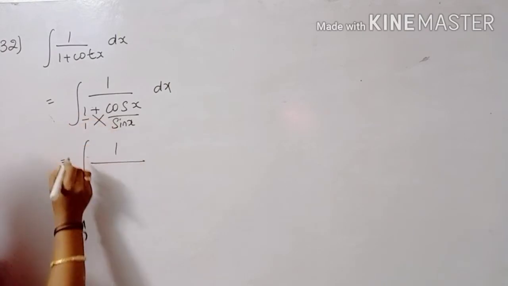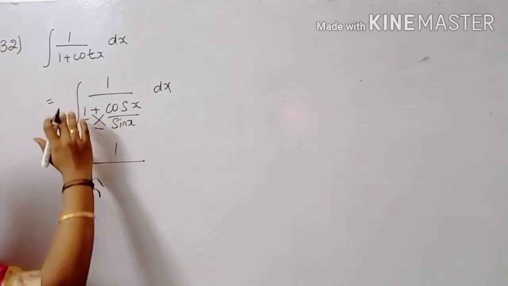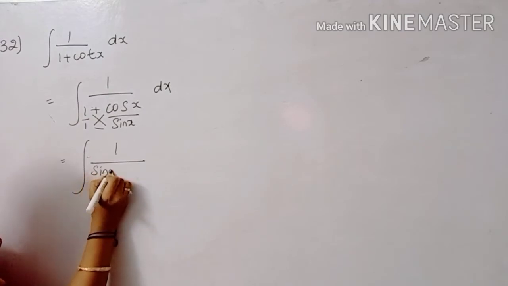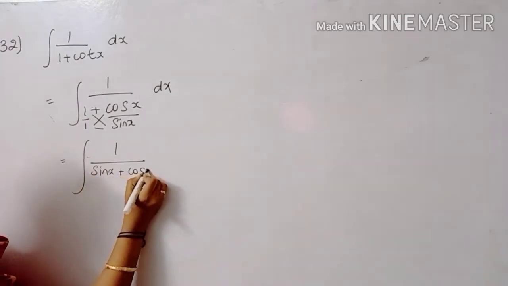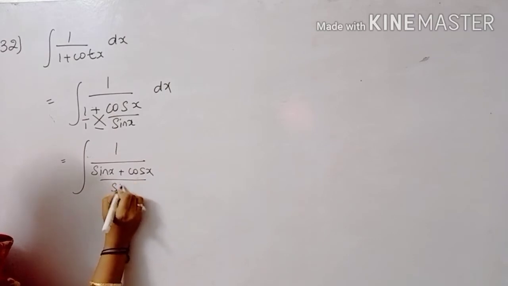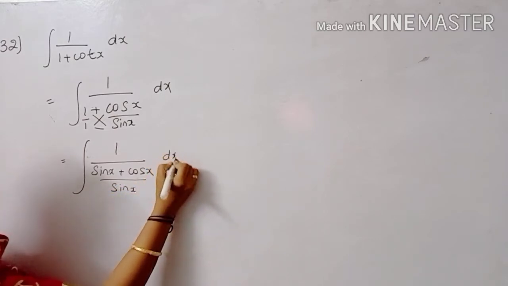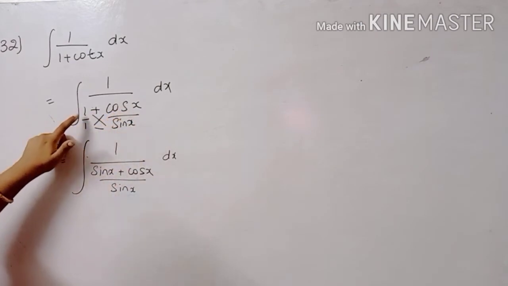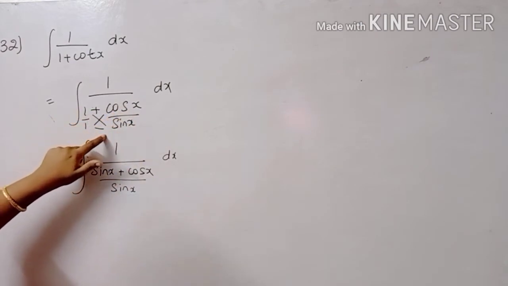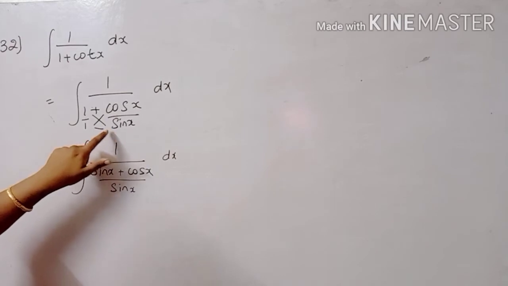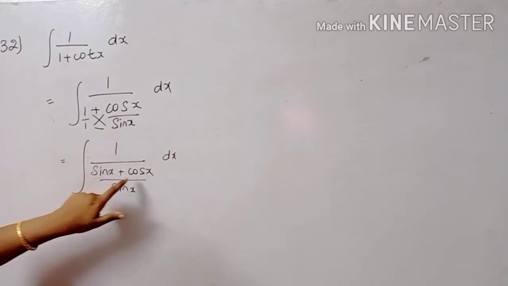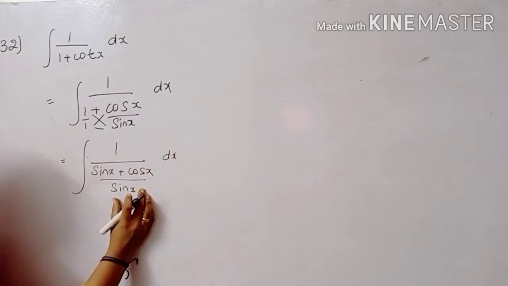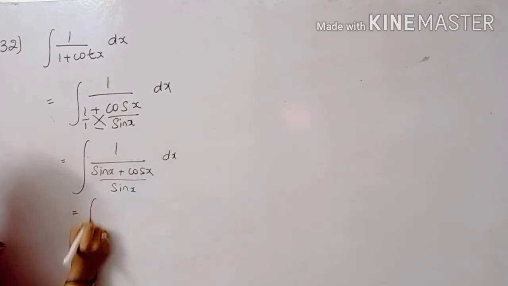So cross multiplying, on simplifying we get sin x plus cos x divided by sin x into dx. This division part, when it comes here, becomes reciprocal.